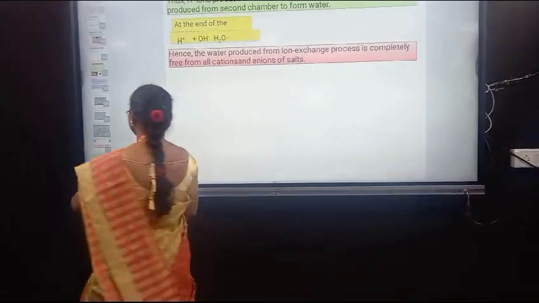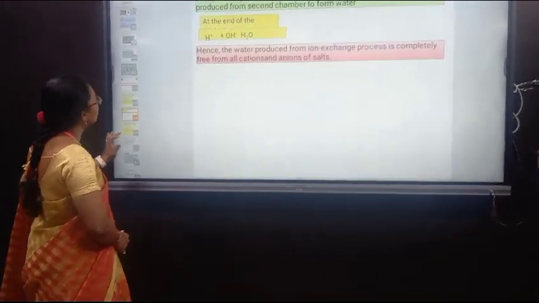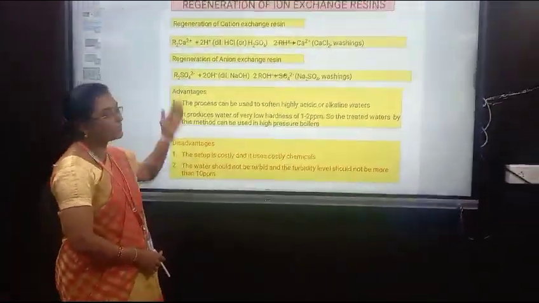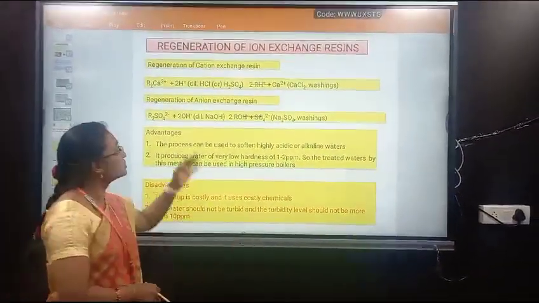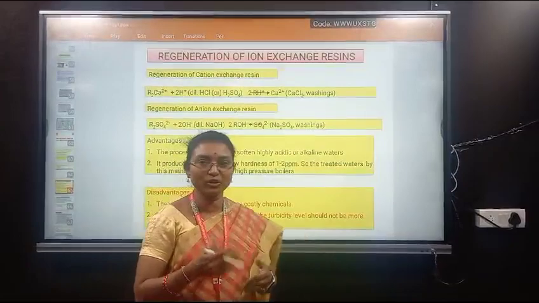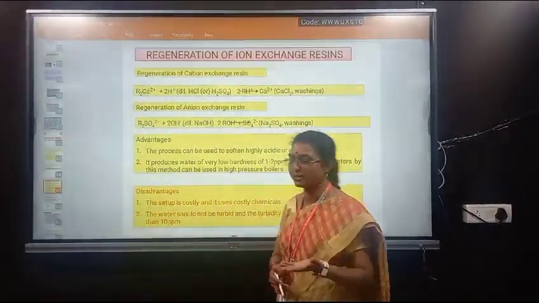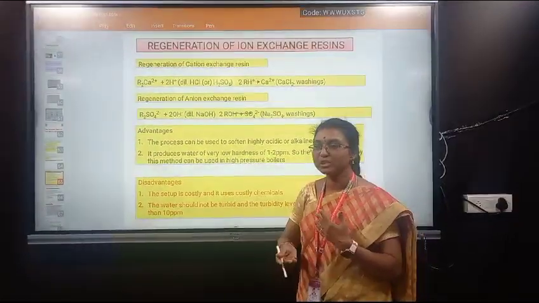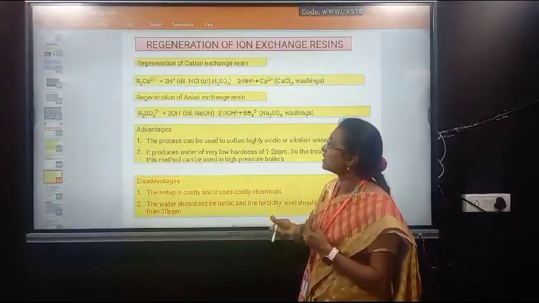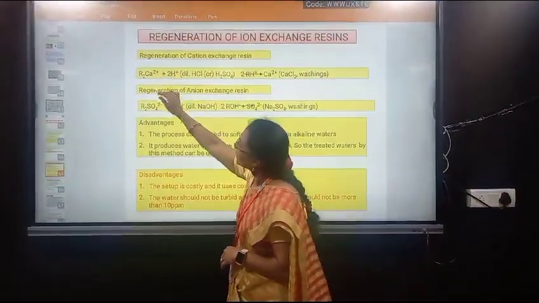And next, regeneration, as I explained earlier. These are the reactions involved in the regeneration process. In order to regenerate the cation exchange resin, we are using dilute HCl. How does that dilute HCl react with the used ion exchange resin?